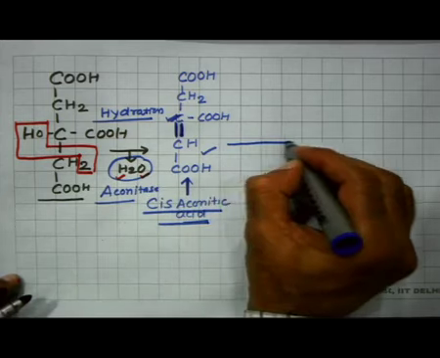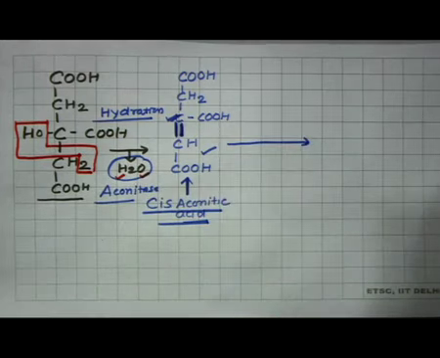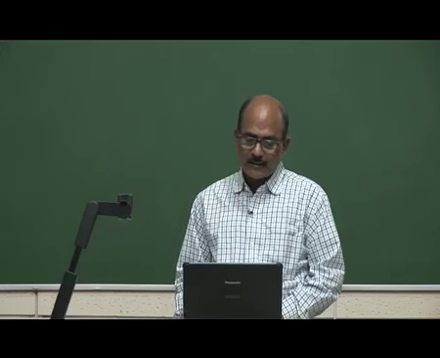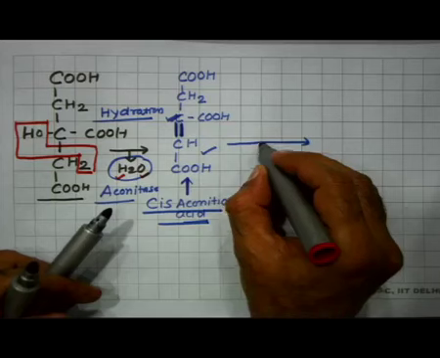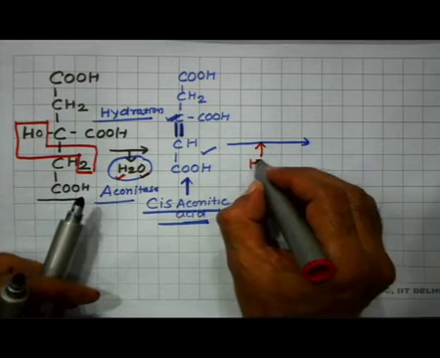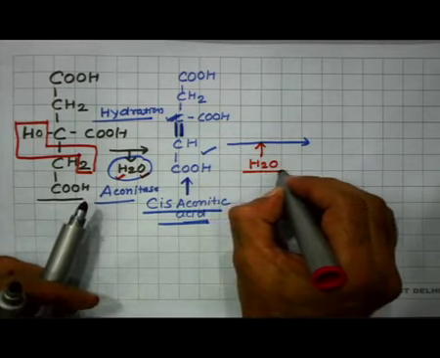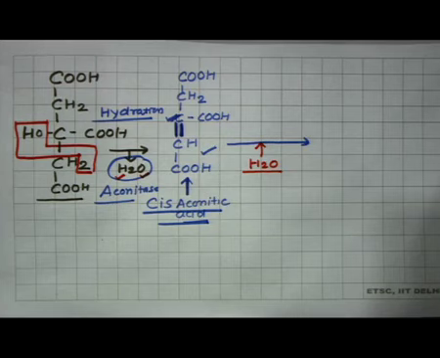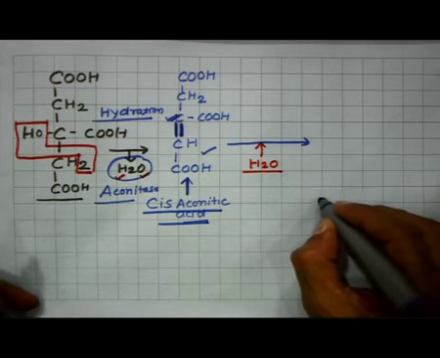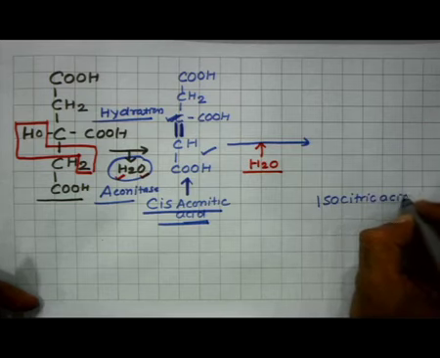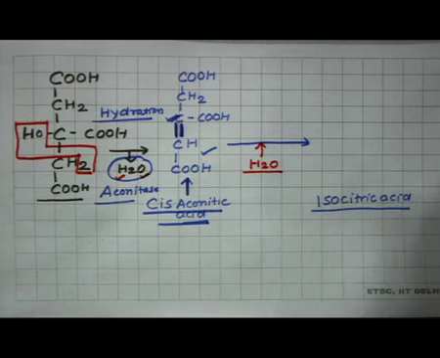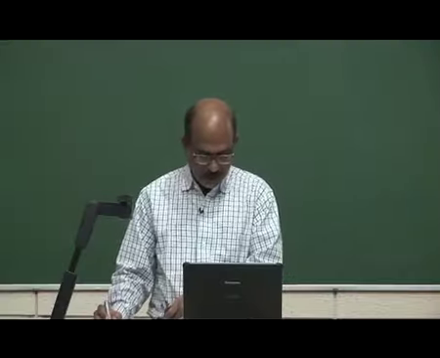What happens in the next reaction? We have already discussed the third process of the isomerization, that is the rehydration. Rehydration means adding of water. A water molecule is going to be added, and the product will be isocitric acid. Now, we can easily write the isocitric acid formula.